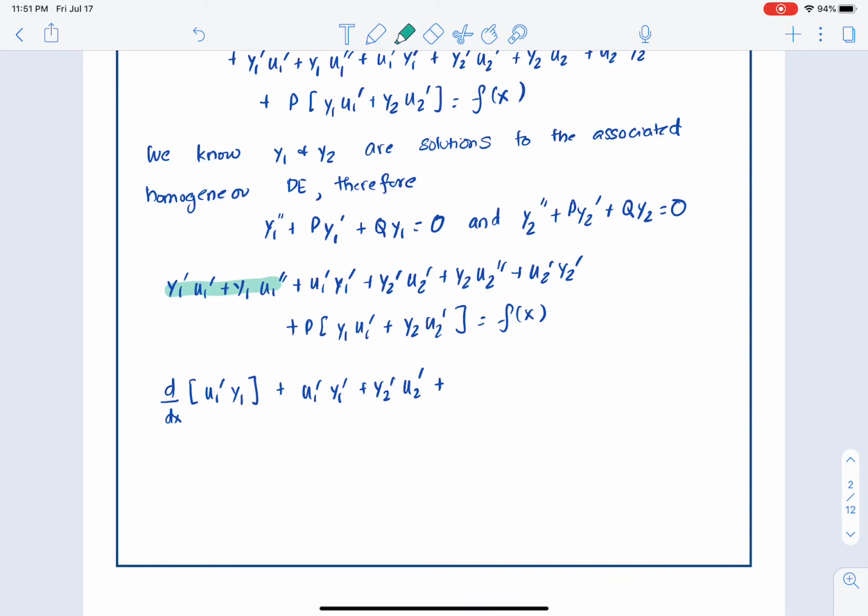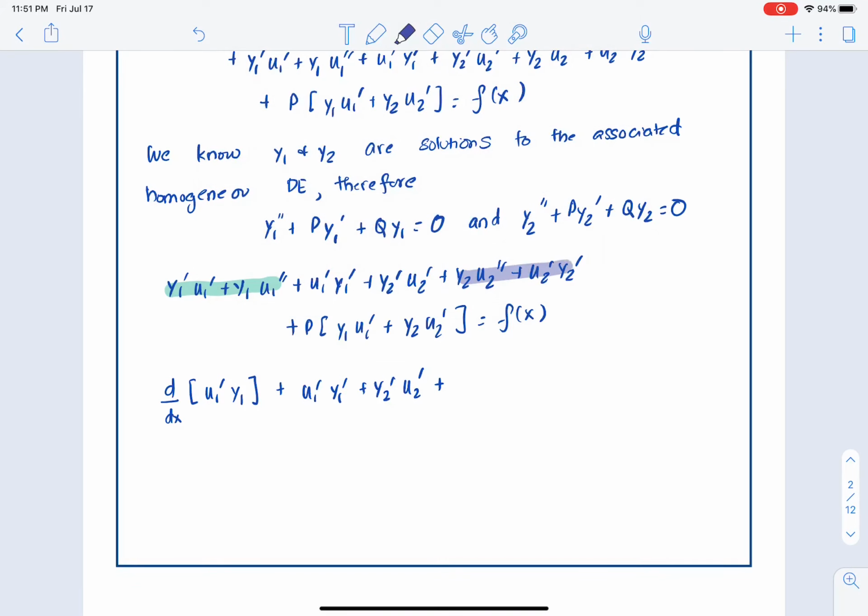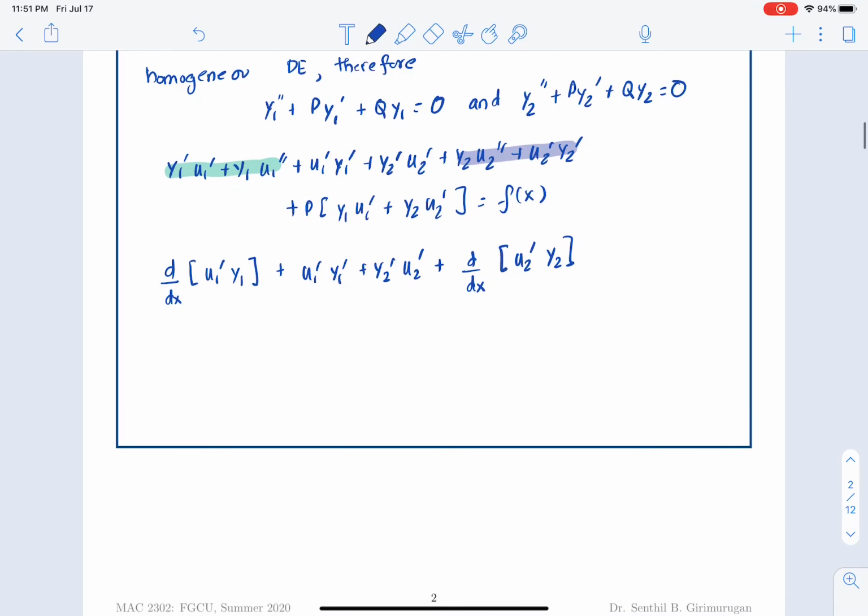And write that term as d over dx of u2 prime y2, plus the remaining terms, p times y1 u1 prime plus y2 u2 prime, equals f of x.